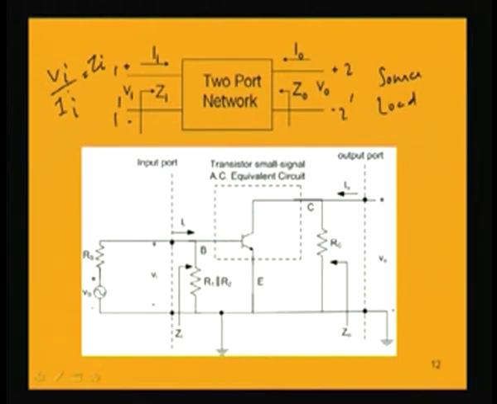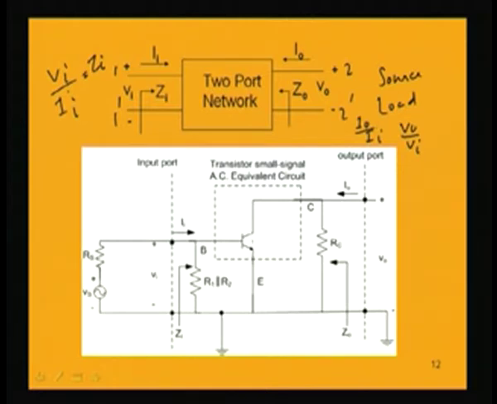We can find the voltage gain V0 by Vi, we can find the current gain, all these quantities which are very important for an amplifier, and these can be found by considering the whole transistor amplifier as a two port system, that we will be using.